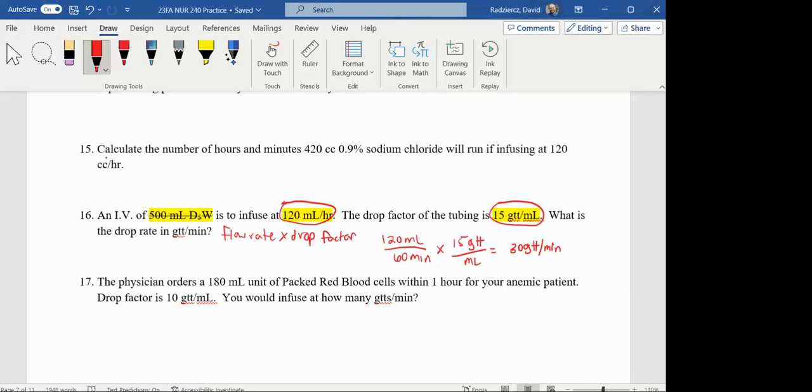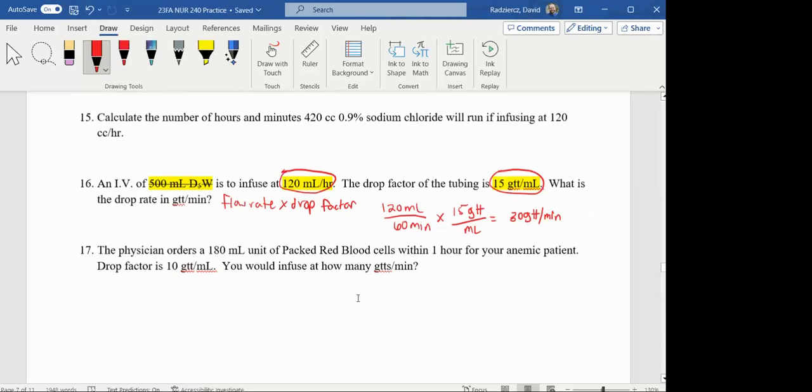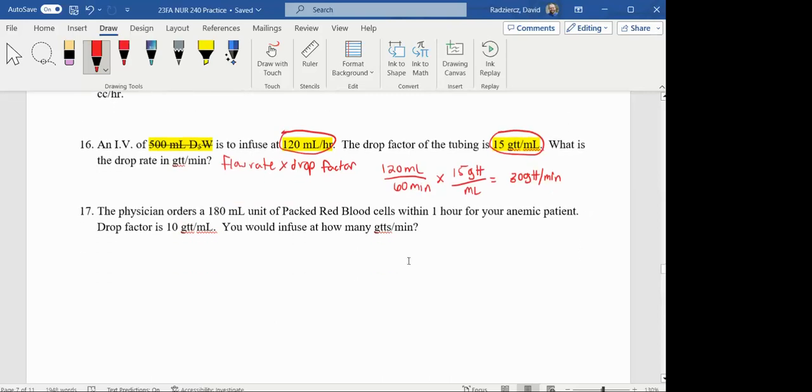While we're looking at the drops per minute, could we also do just 17 because it's right there below it? Sure. So again, we're going to follow the same procedure, right? Flow rate times the drop factor. Actually, hold on one second.